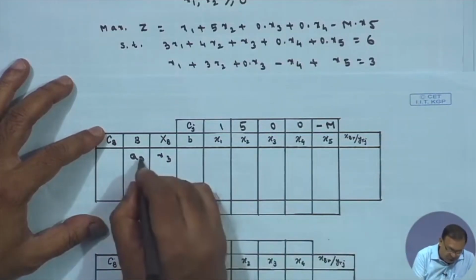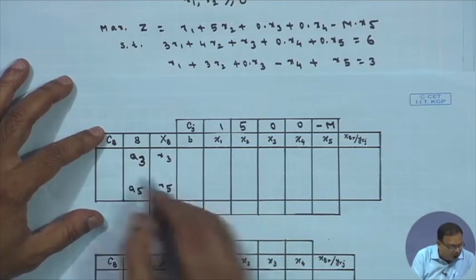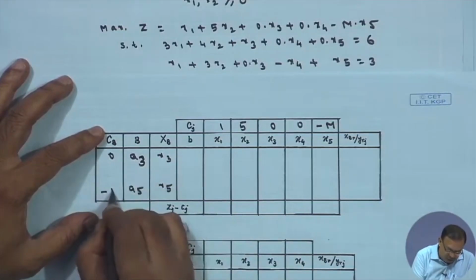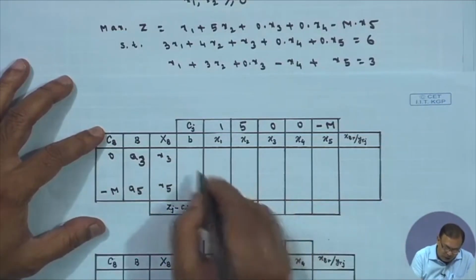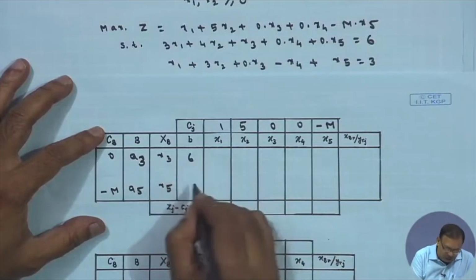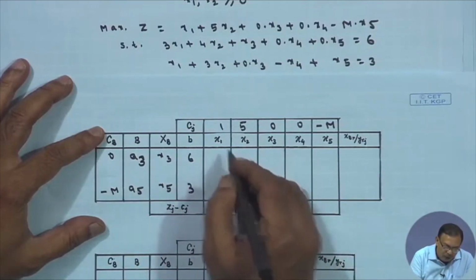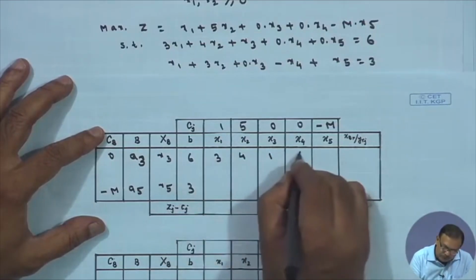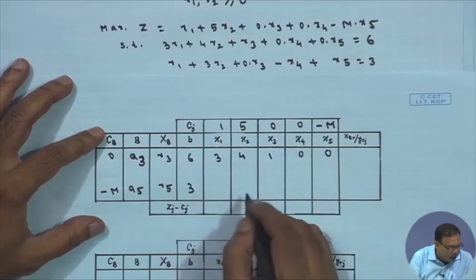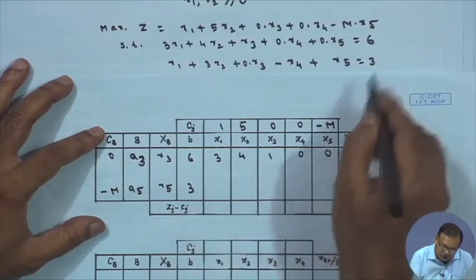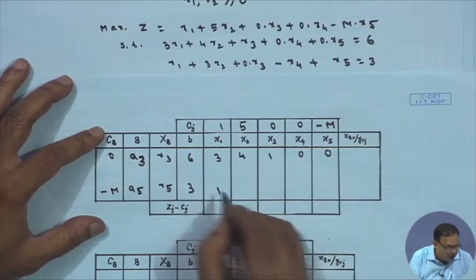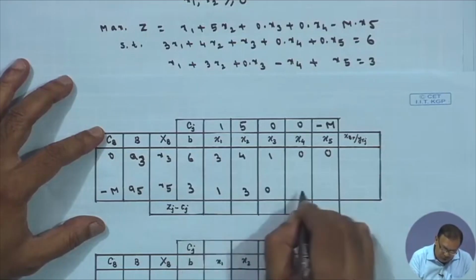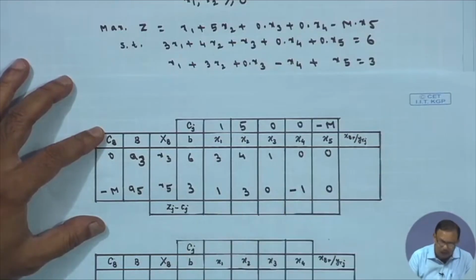So, here your c b, this is for a 3, will be 0 and minus m. Now, let us write down the values, that is 6 and 3. So, it will be 3, 4, 1, 0, 0 and 6; 1, 3, 0, minus 1, 1 and 3.